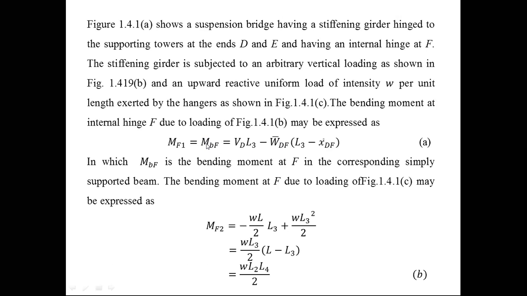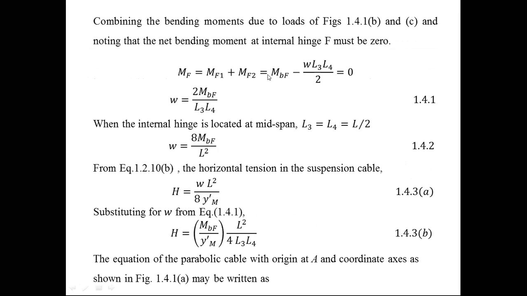So MF1 is written as MBF, minus MF2, equal to W L3 L4 by 2, must be equal to 0. From this you can derive W.